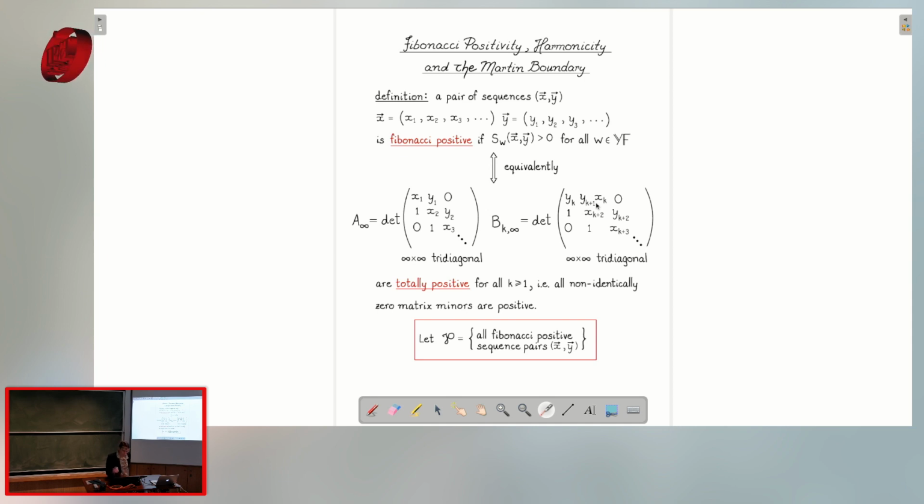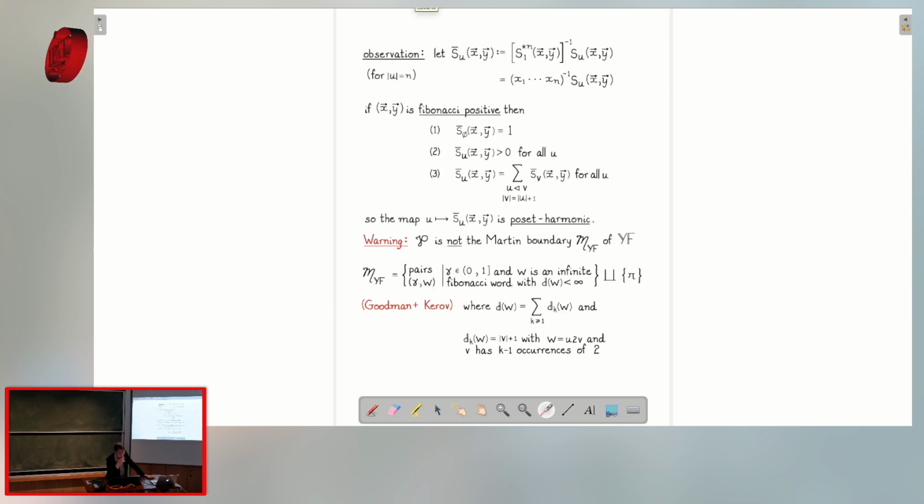And we'll just let P be the set of all pairs which are Fibonacci positive. Then we can introduce a barred clone-Schur function where, if u is of rank n, we divide off by the first n x's.